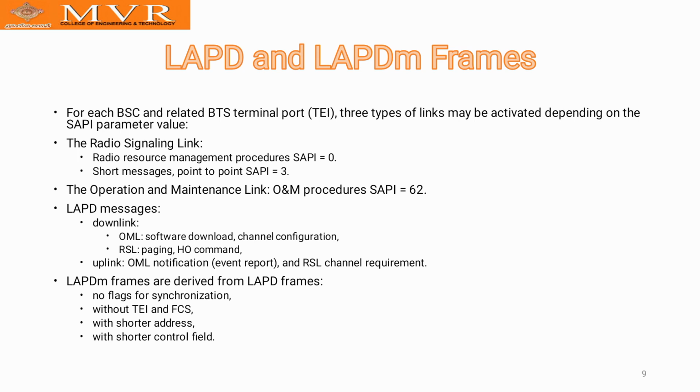LAPD and LAPDm frames. Here LAPD and LAPDm frames are involved. Link access protocol of D channel and link access protocol of Dm channel have frames for each and every BSC and related BTS terminal port. Three types of links may be activated depending on the SAPI parameter value.